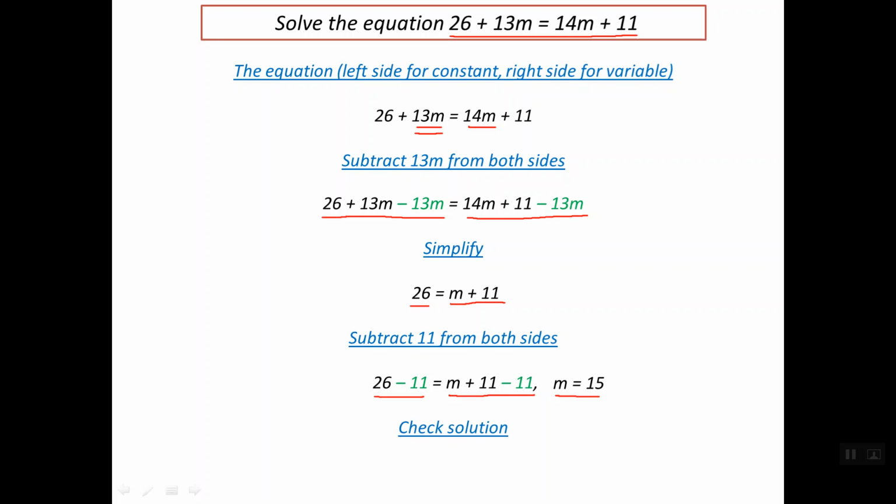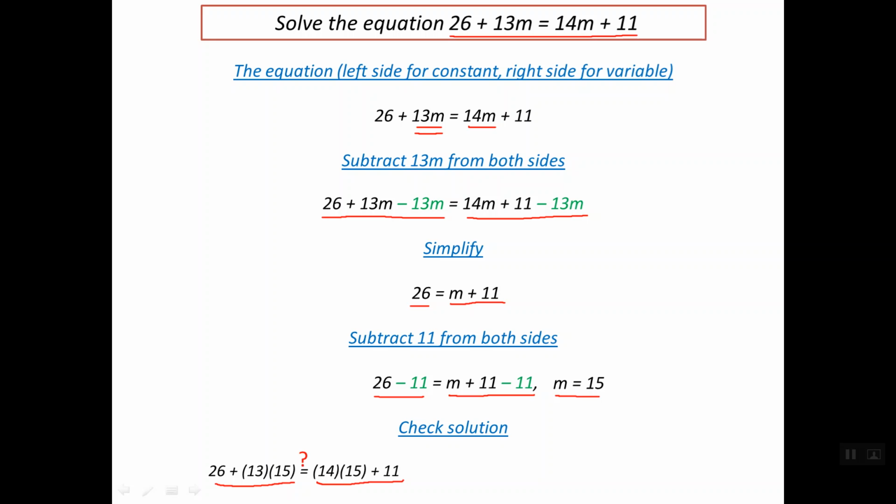You can check this solution. So the left side of the equation, 26 plus 13m, is 26 plus 13 times 15, and the right side is 14m plus 11, so 14 times 15 plus 11.